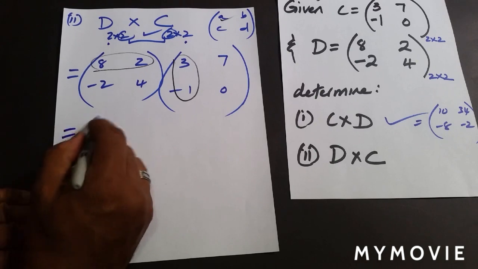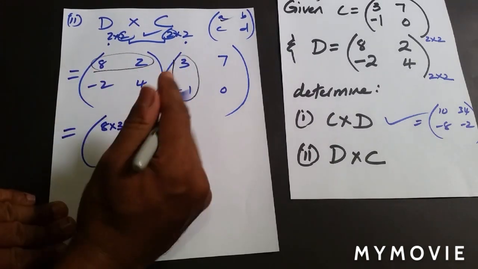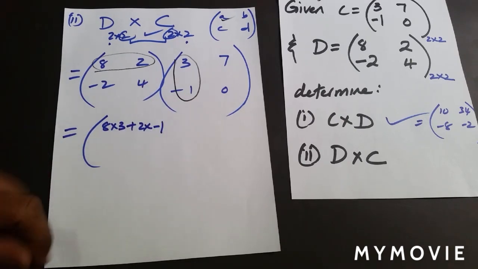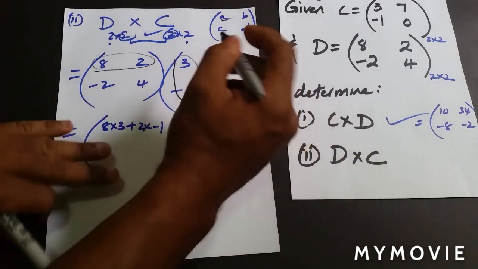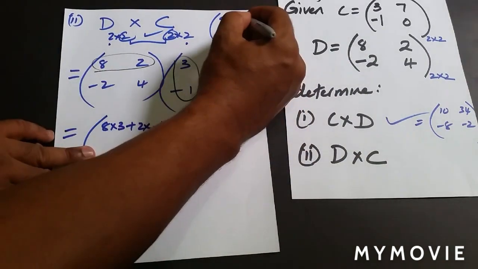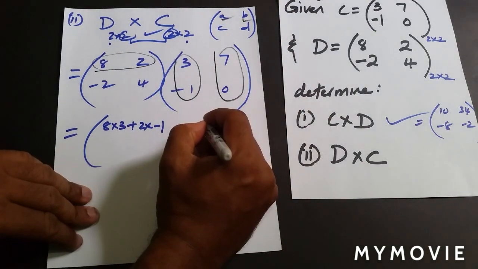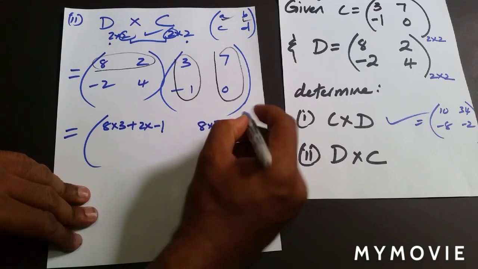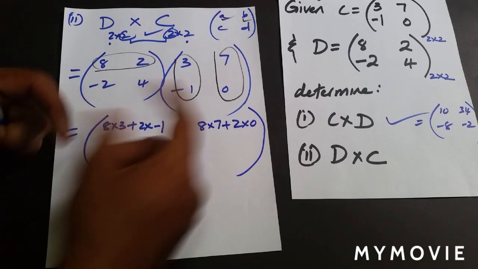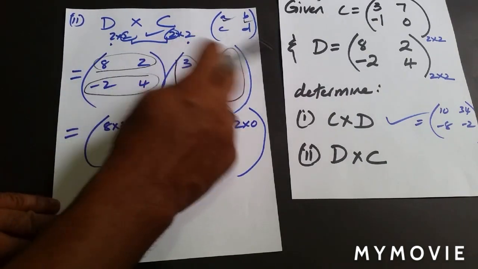So this should simply be 8 times 3 plus 2 times negative 1. And seeing that the second matrix has another column, that means just stick with the first row and proceed again to give us that element right there. So it would be 8 times 7 plus 2 times 0. Okay, there are no more columns present, so that means that we move to the second row and we start the process all over again.